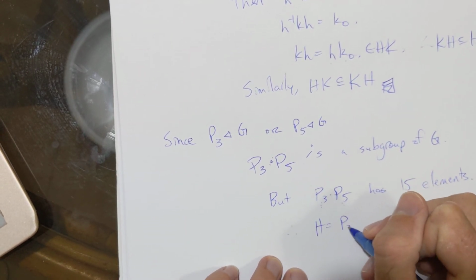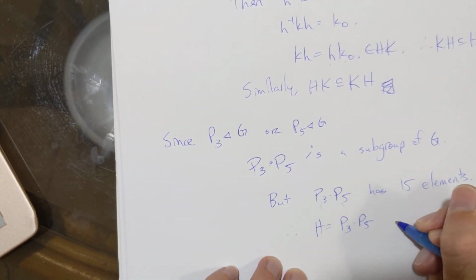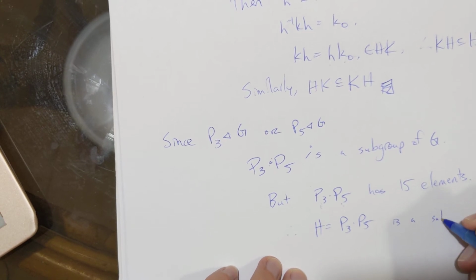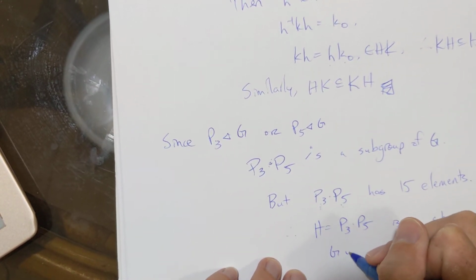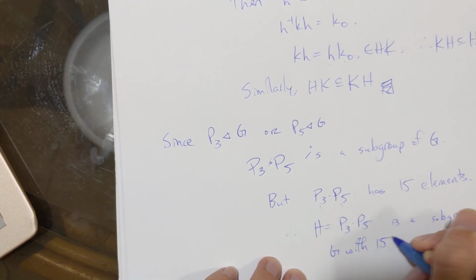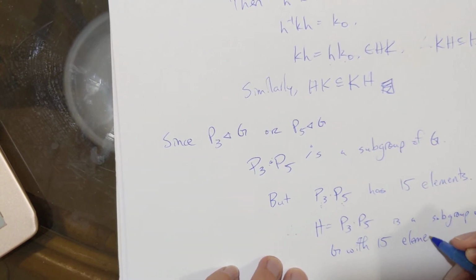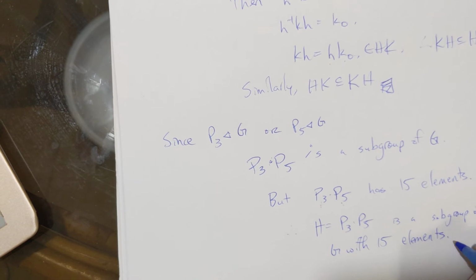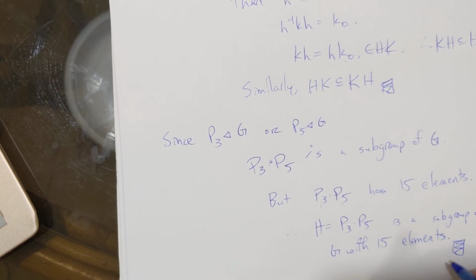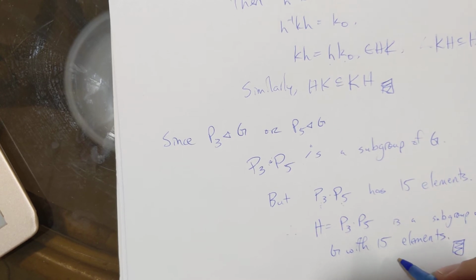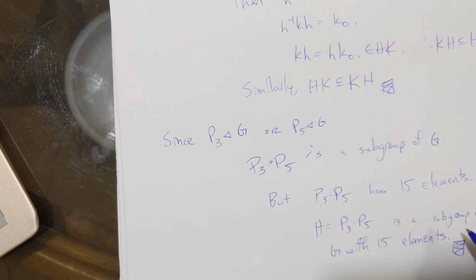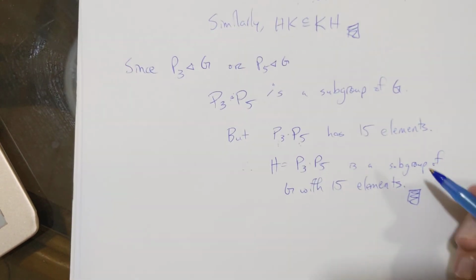Okay, so therefore, take H equals P3 times P5, a subgroup of G with 15 elements. That means any group you give me with 30 elements in it has a subgroup with 15 elements. Automatically that subgroup is cyclic. That's what we saw in class.